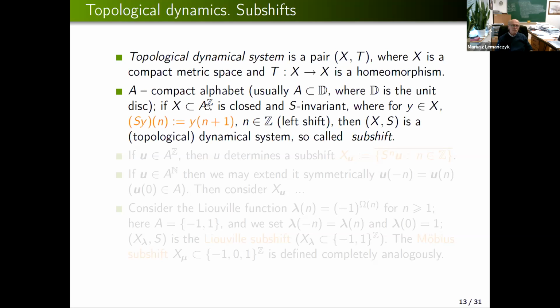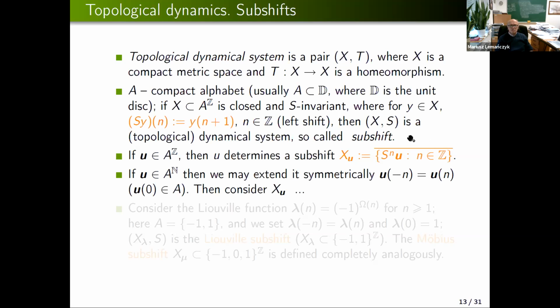If I take X equal to A to the Z, then we say that this is just the full shift over the alphabet A. So if you think about natural subsets which are S invariant, again the simplest situation would be to first take one sequence in that space.